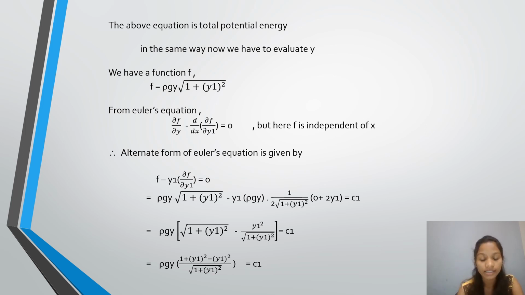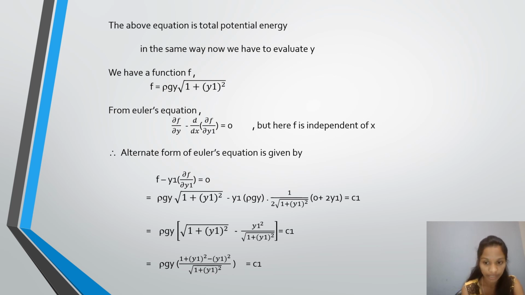So the differentiation of the first inside term, 1, a constant, is 0. So 0 plus the differentiation of y dash square, which is 2 into y dash, equals some constant c1. Then take rho into g into y common from both the sides.